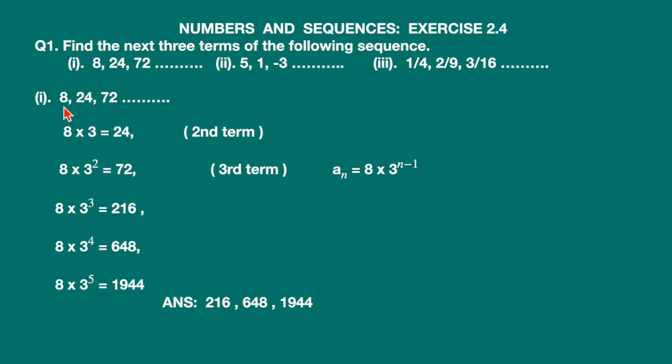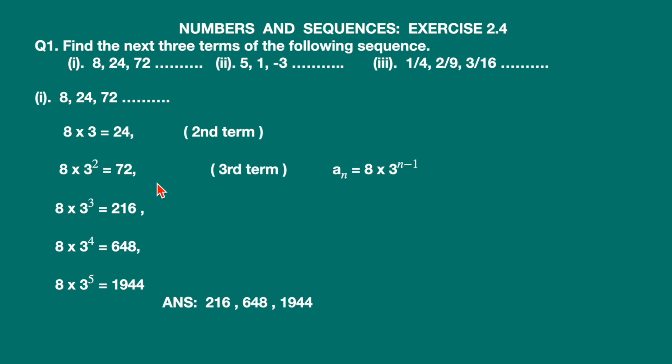You can see here, the first term starts with 8. And the second is what? 8 into 3. That is 24. Okay. The third term is 8 multiplied by 9. And what is 9? 3 square. So here it is. 8 into 3 square is equal to 72. That is the third term.